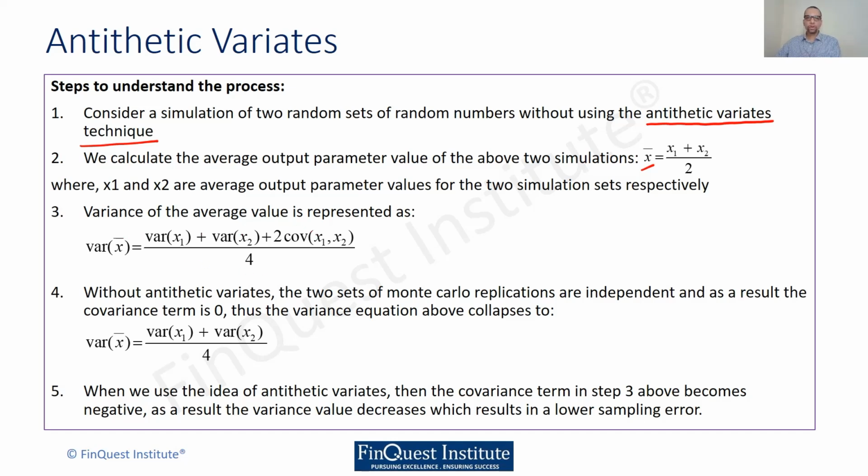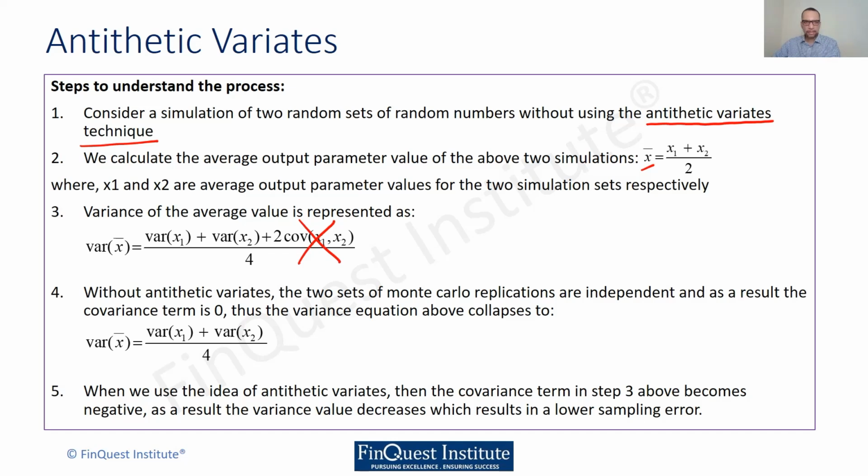If we don't use antithetic variates, then the two Monte Carlo replications are completely independent of each other. Because they're independent, the last covariance term is going to vanish. So all we are left with is the variance of x bar on the right hand side.